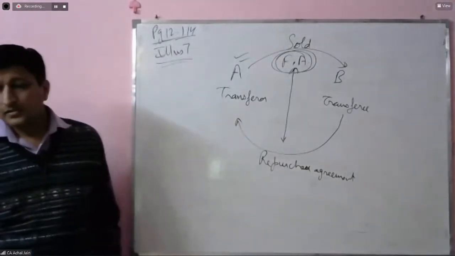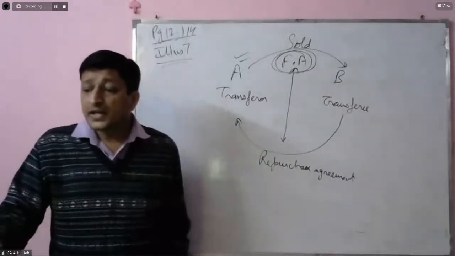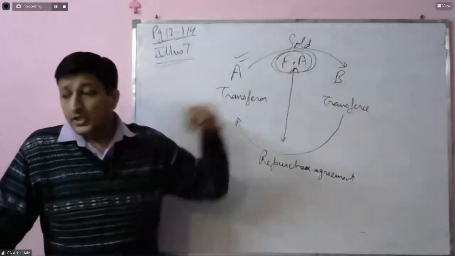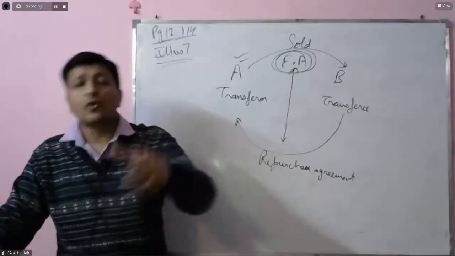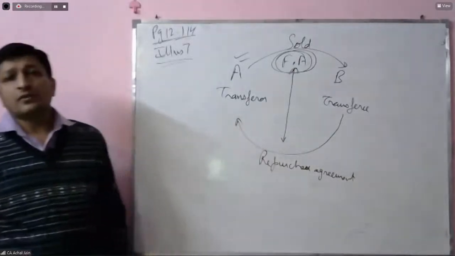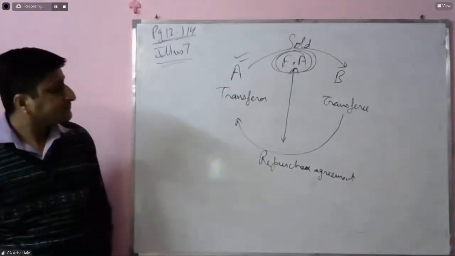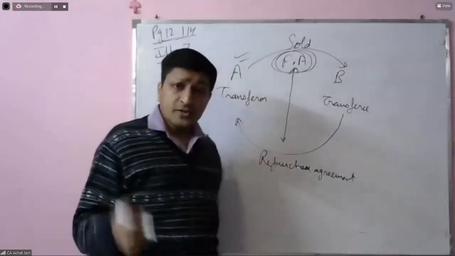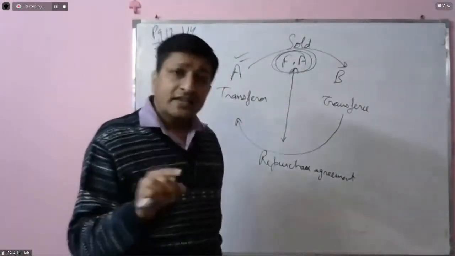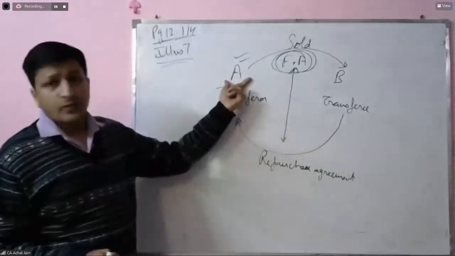In this case, what do we say? The transferred financial asset should be derecognized because the transferor has substantially transferred all the risk and rewards of this financial asset. Why do we say that? Because now it's not necessary that the financial asset will come back to it.